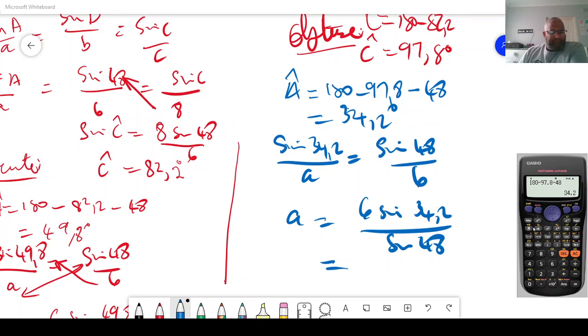That gives us 4.5, so that's 4.5 centimeters.